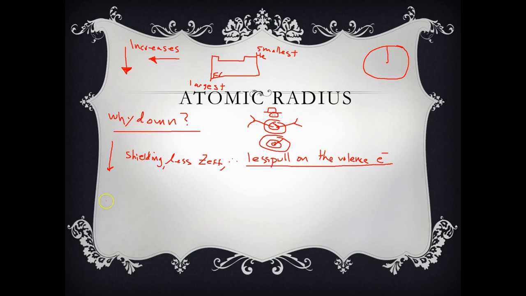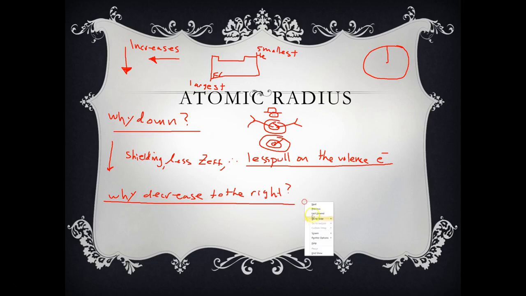Now why does the atomic radius decrease to the right? Up here, we said that it increases to the left, right?